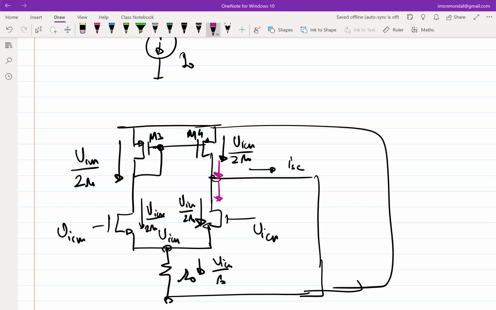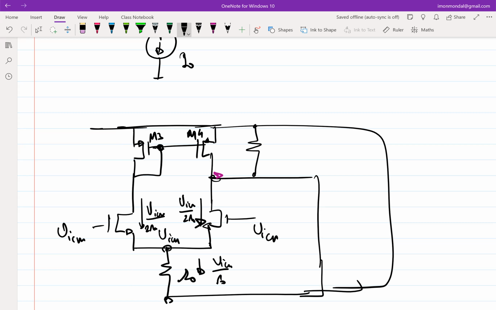We have neglected multiple things, so let's backtrack and see if neglecting channel length modulation of M3 and M4 has made an effect, whether the mirroring has been affected.